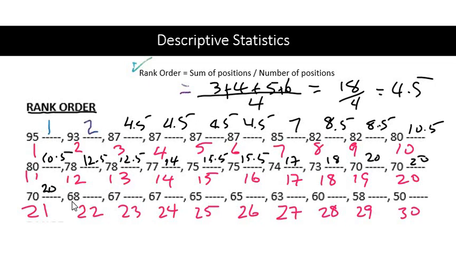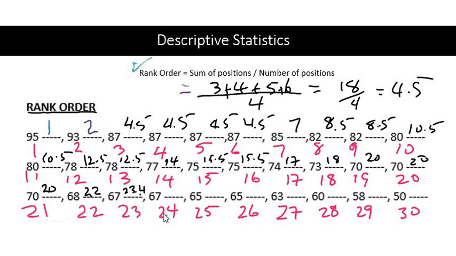Okay, for 68, it's not repeating, so it will be what? The same as its position, 22. 67, repeating twice, so we add the positions and divide by 2, which will be the midpoint, since it's two values. I'm talking about position because the numbers are right after each other.